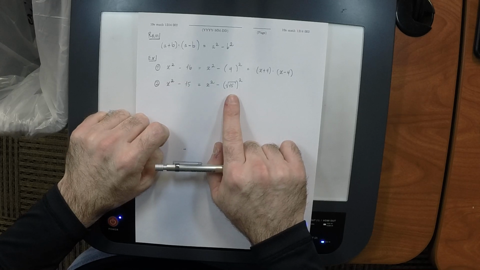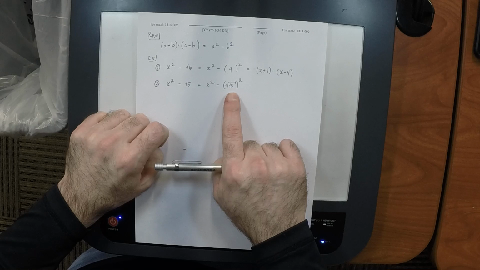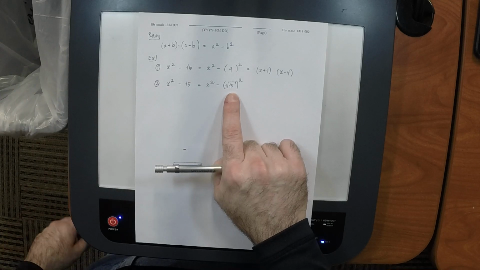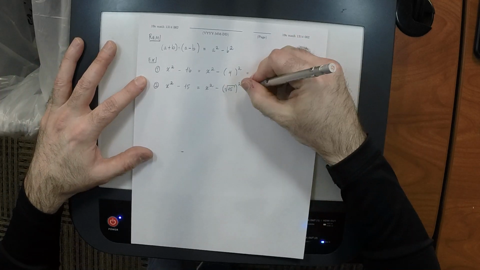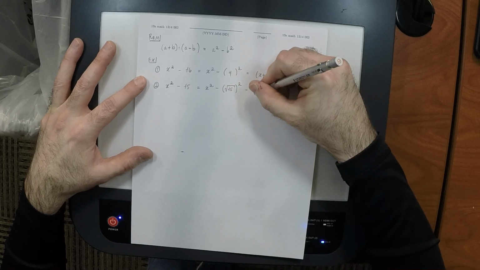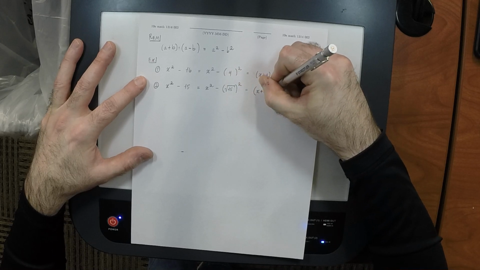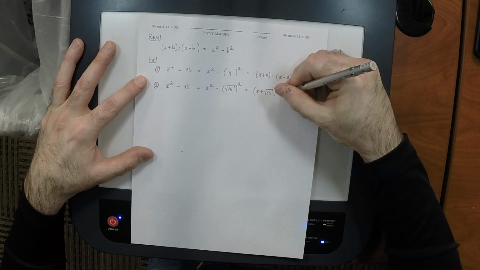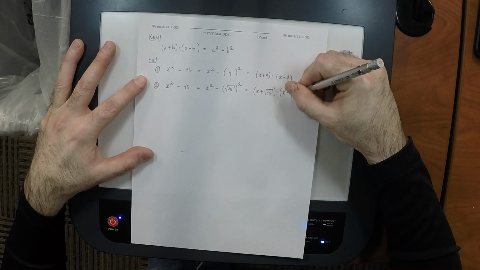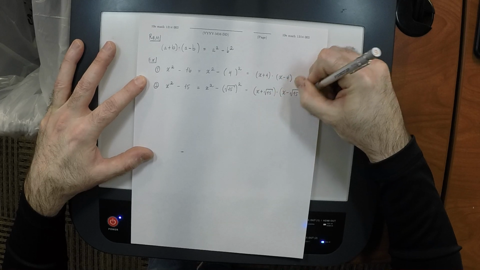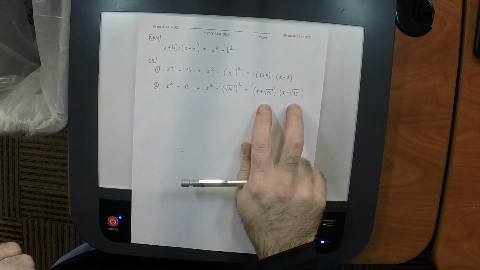That's a curious way to write 15, but that's 15. Any question about that?